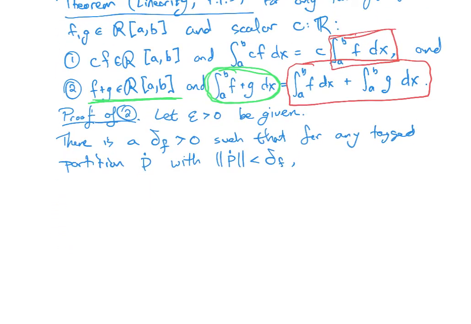We have that this sum of F with respect to the tagged partition P dot is within epsilon, in fact I'm going to go epsilon over 2, of the integral.